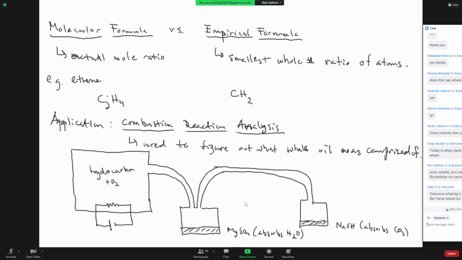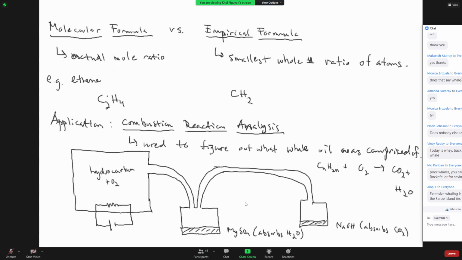So, knowing that, a typical combustion reaction is some type of hydrocarbon, CnH2n plus O2 becoming carbon dioxide plus water, right?